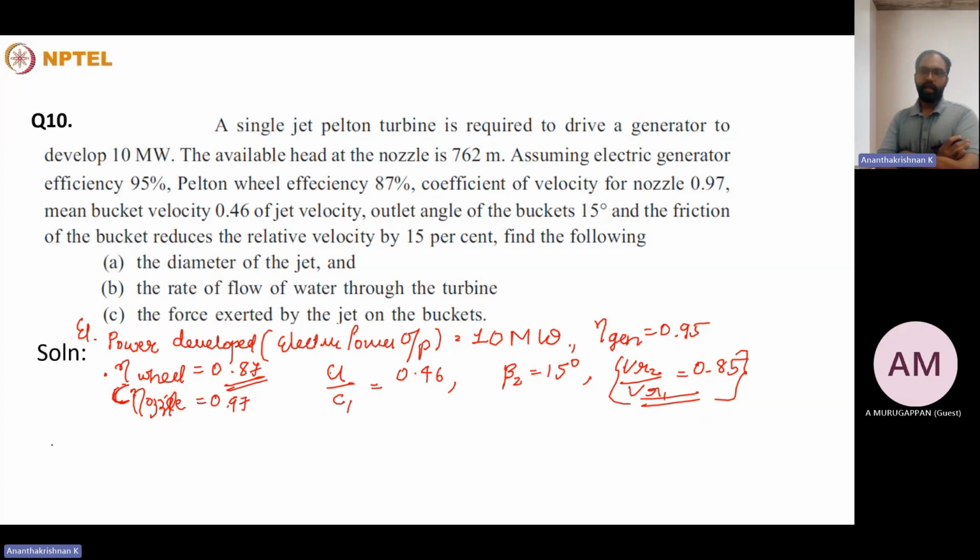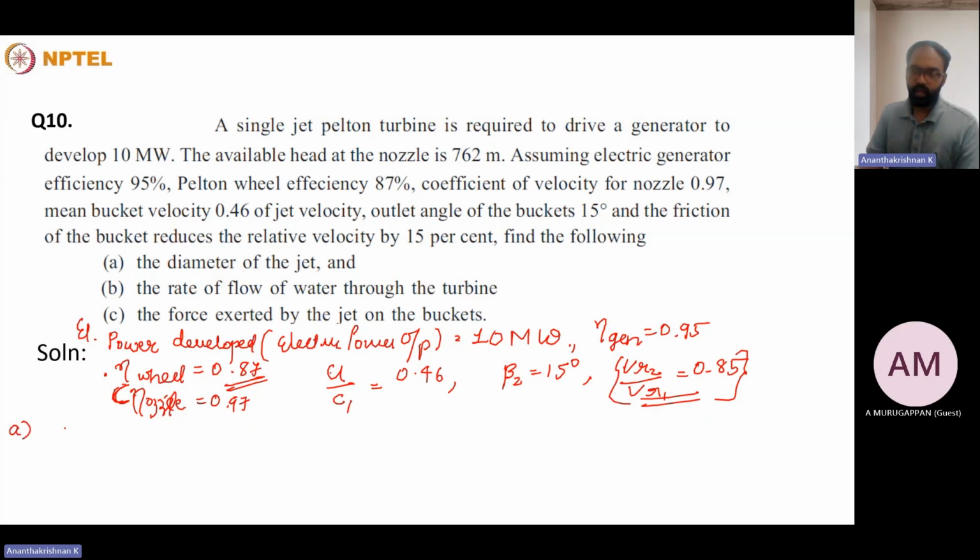And at the exit of the nozzle, the velocity should be multiplied by the coefficient of velocity to calculate the actual value. So thereby we can calculate the diameter of the jet.